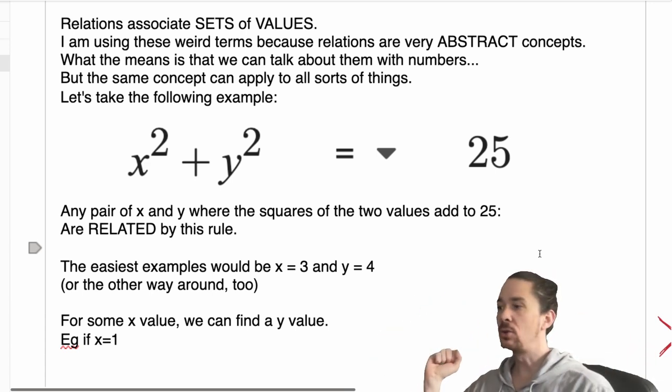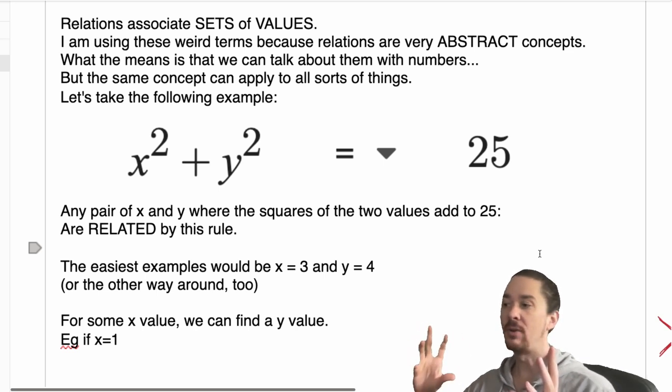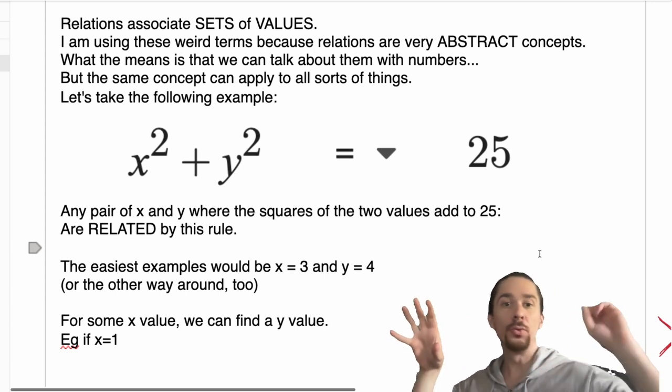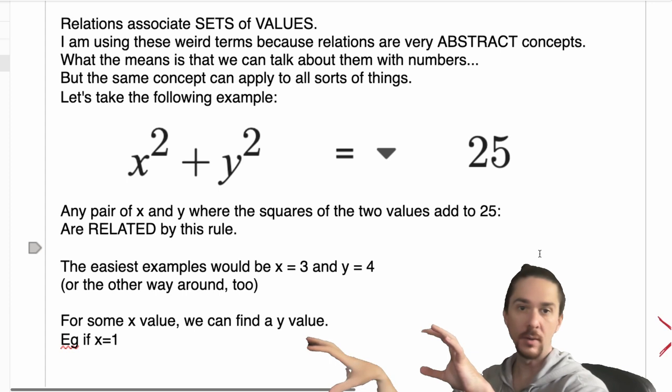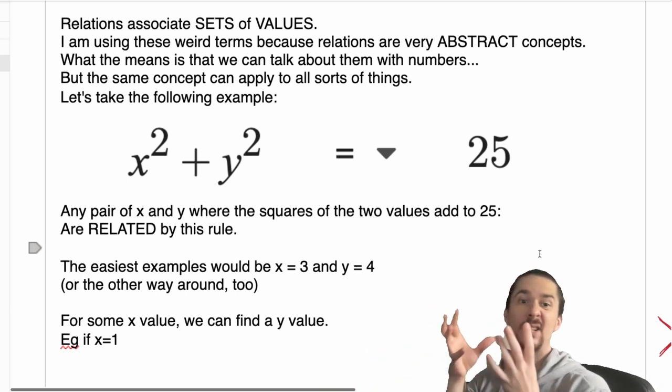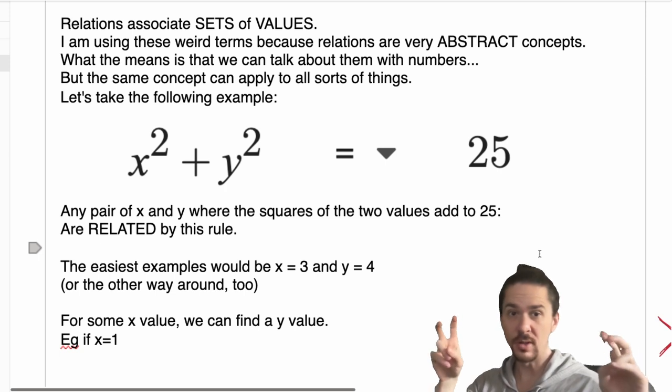A relation could be in a computer database, and you could have a relation that connects a user to their user information or to their network of connections. All of these concepts are versions of what we're talking about, a relation.